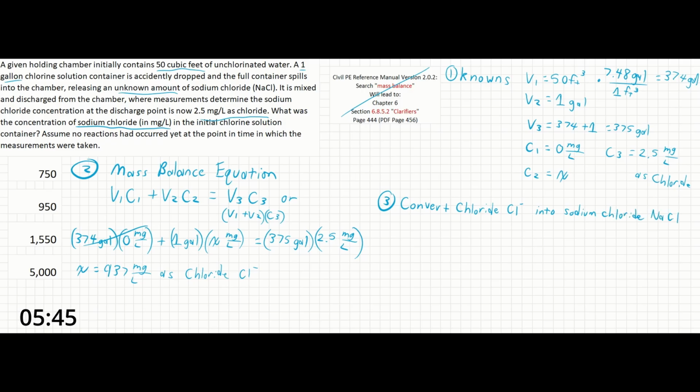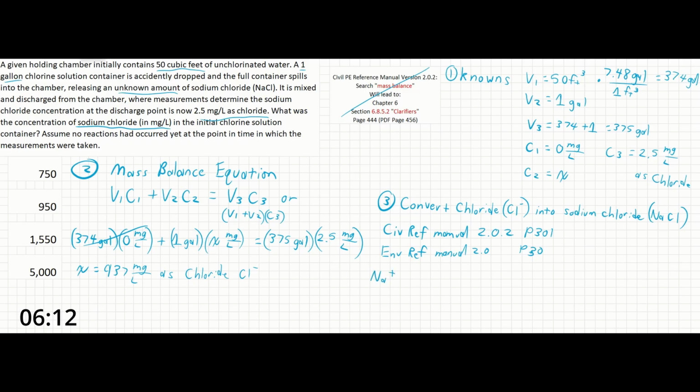So all we have to do is use the molecular weights to get the difference in concentration. So in your civil reference manual, you can find the molecular weights of these on page 301 in chapter 6. And in the environmental reference manual, you can find them on page 30, depending on which exam you're taking.